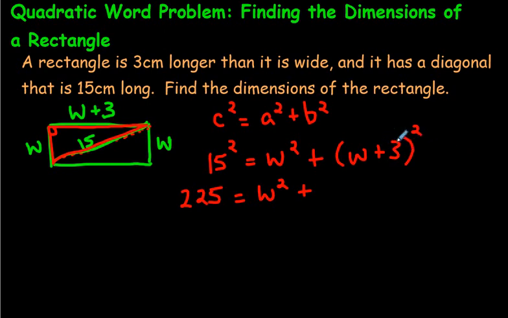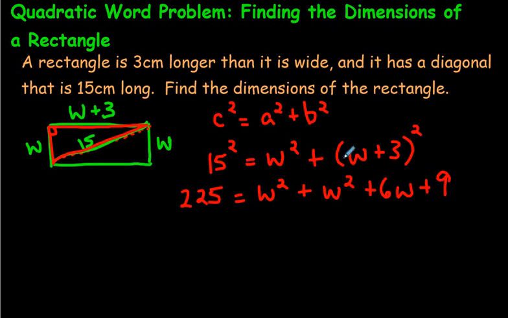You can pause and multiply this out right now if you like, but I'm going to quickly write out what you get as an answer. You end up getting W squared plus 6W plus 9.